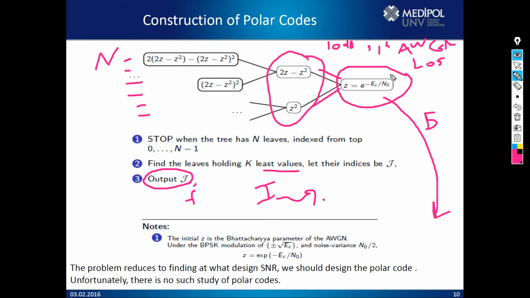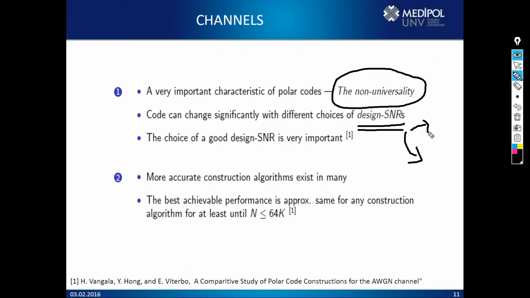So the code can change significantly with different choices of design SNR. Based on the design SNR, the constructed code can change. I gave you a brief intuition of which SNR you should use, which is most probably related to the path loss in the channel and how far the user is from the base station, because from the distance you can calculate the received power.